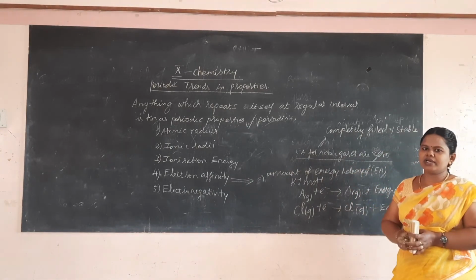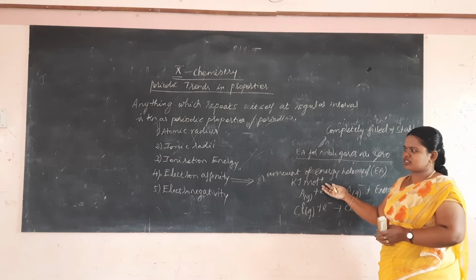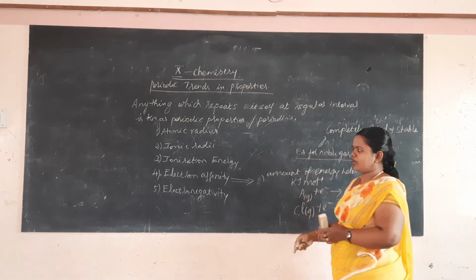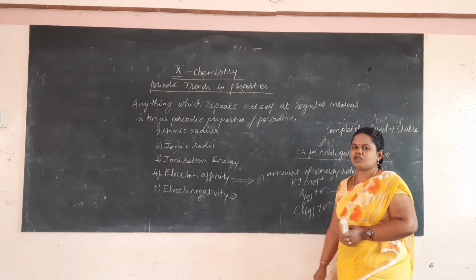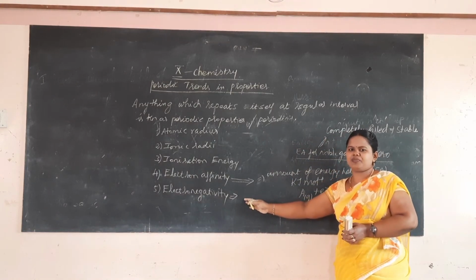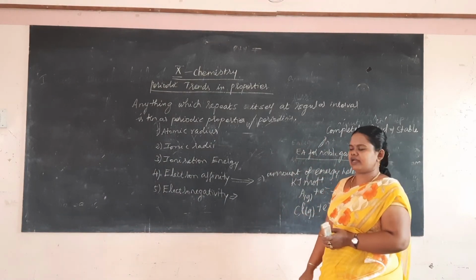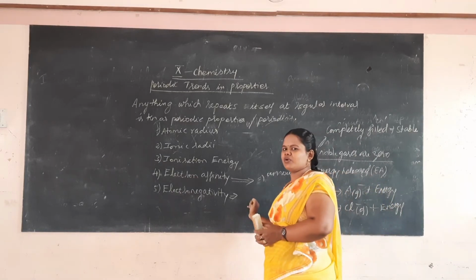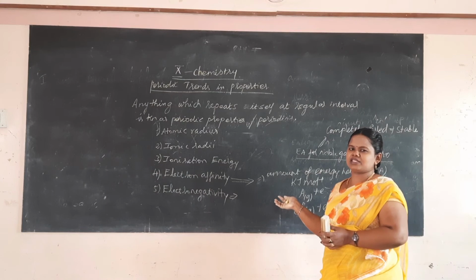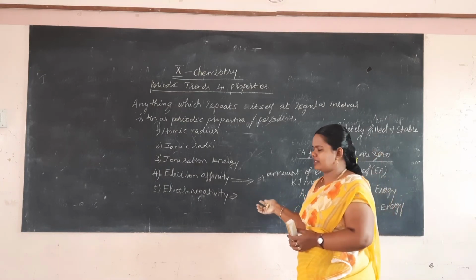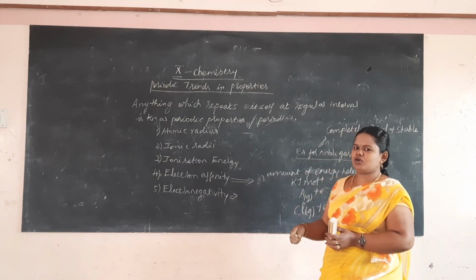So this is about the electron affinity. It is also expressed in kilojoule per mole. Then electronegativity. Electronegativity is the tendency of an atom in a molecule to attract the shared pair of electrons towards itself.